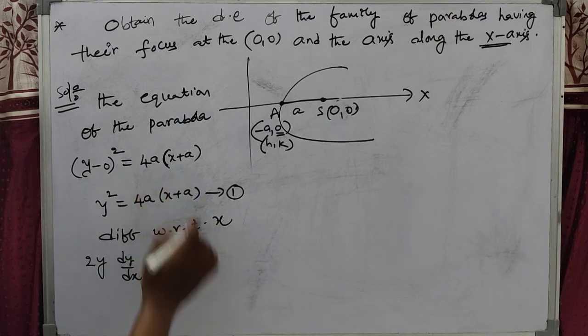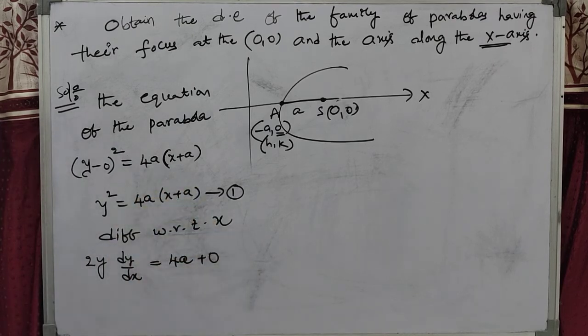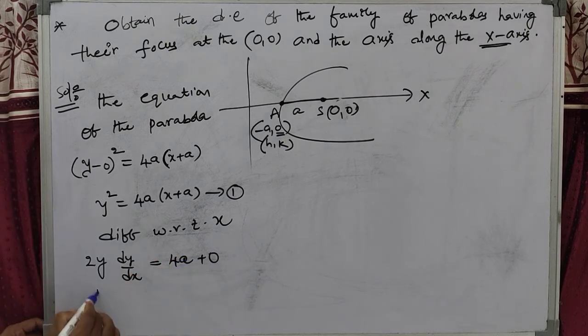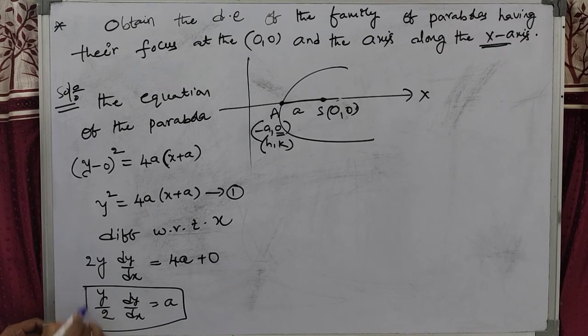The derivative of 4a square is 0. Now we got that 4a is 2y into dy by dx. Now the value of a is y by 2 into dy by dx, that is small a.